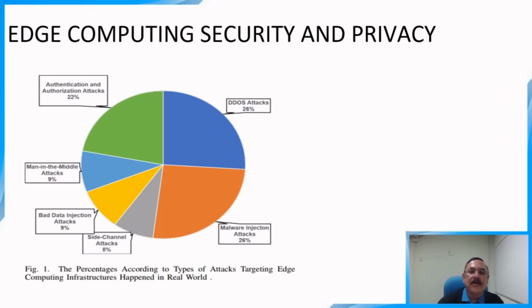So, if you see the edge computing security and privacy, these are the percentages according to the type of attacks targeting the edge computing infrastructure that have happened in the real world. What you will find is that the most prominent of these attacks are DDoS attacks and malware injection attacks, with a 26% share each.